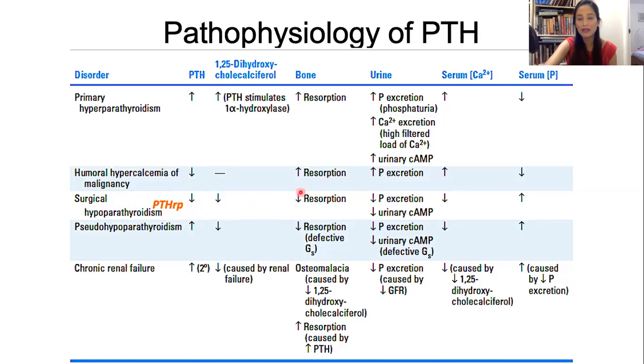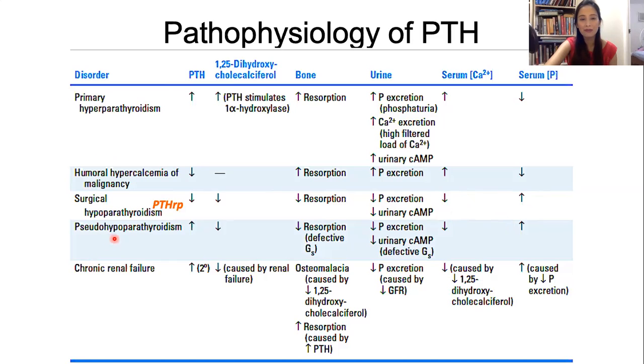So therefore, you will have decreased bone resorption, and there will be a decrease in phosphate excretion. Because it's the opposite of phosphaturic, there will be phosphate reabsorption. There will be a decrease in urinary cyclic AMP, and the end result will be low serum calcium and increase in serum phosphate. So it's the opposite of primary hyperparathyroidism.